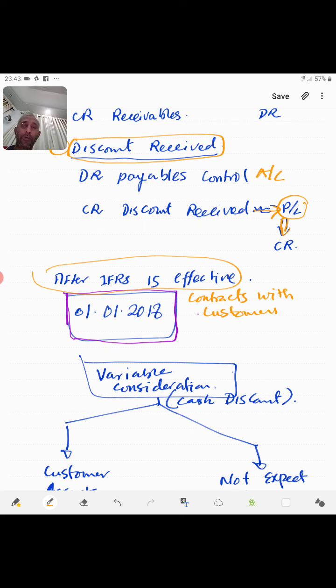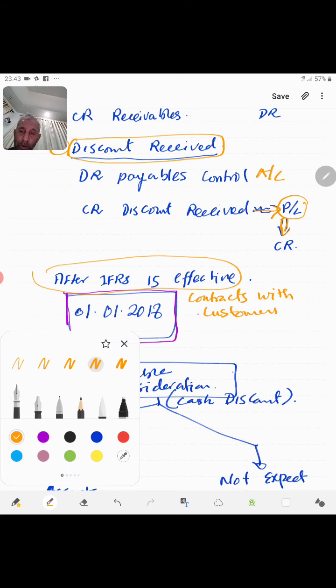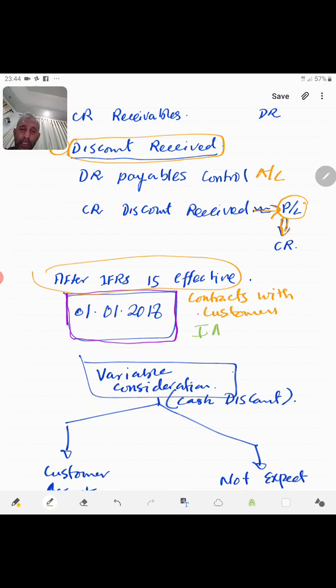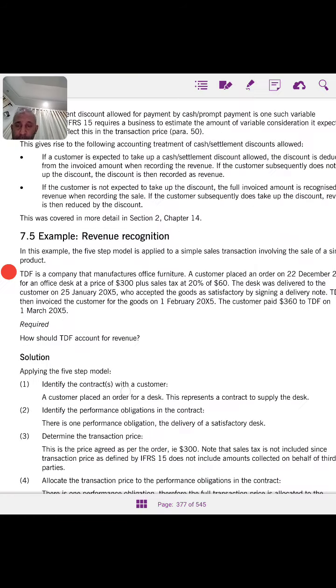There was an old accounting standard, IAS 18, which has been superseded and replaced by IFRS 15.